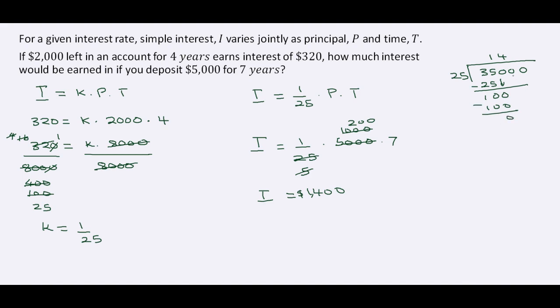Now you can bring down this 0. 0 divided by 25 is 0. So you have 0 again, and then you bring the last 0 down here. 0 divided by 25 is 0. So you get the same result.